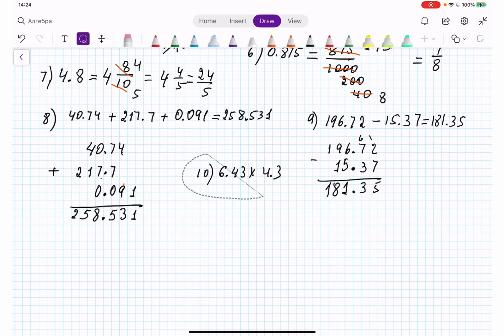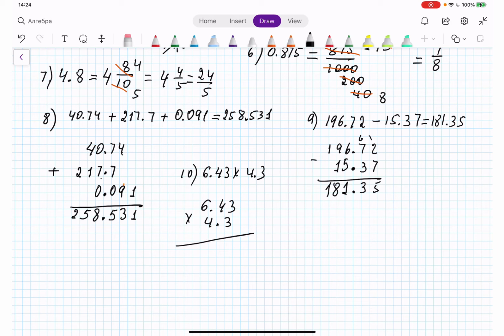Okay? When we're multiplying decimal notations, we are completely ignoring the decimal points at the beginning, and you don't need to line up any decimal points here. So ignore these decimal points and just multiply 643 by 43.